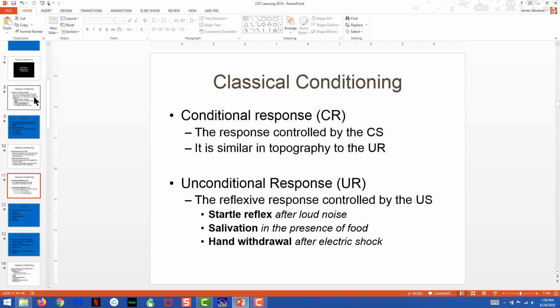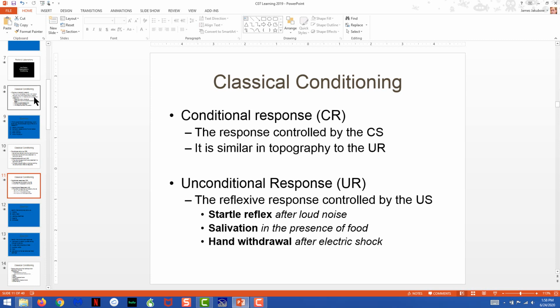An experimenter doesn't make a response. The experimenter can only present stimuli in the environment. It's the response that is a source of data. So the CR and the UR that you see on the screen are always the dependent measures in Pavlovian conditioning experiments. These are always the things that you're going to try to measure.